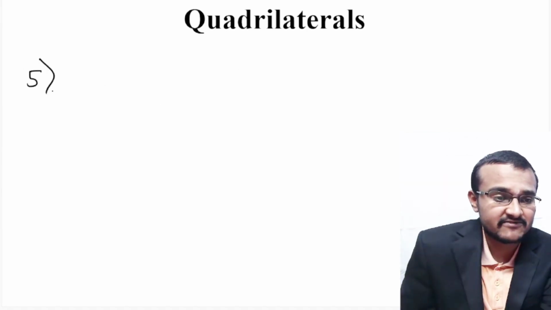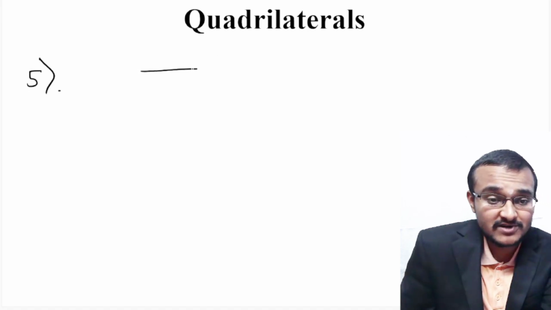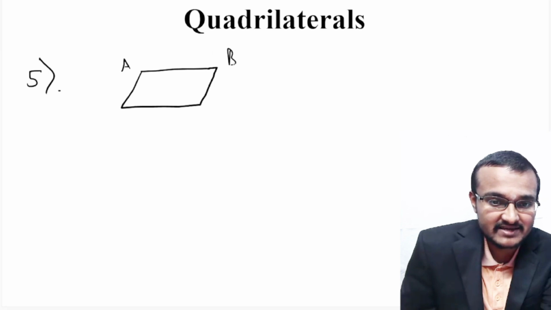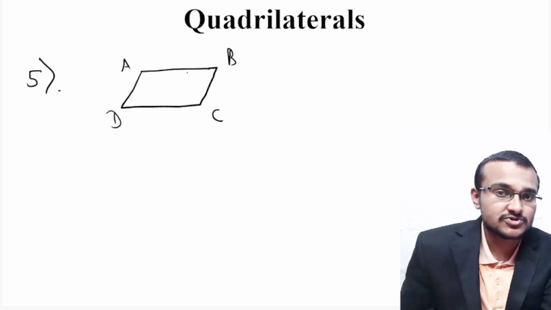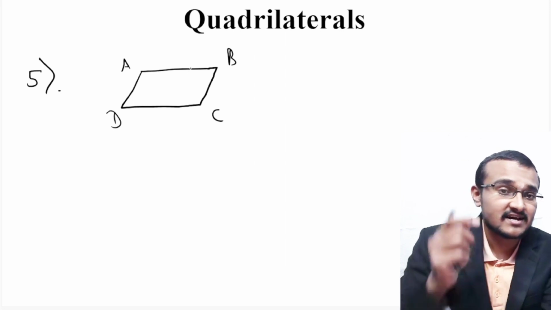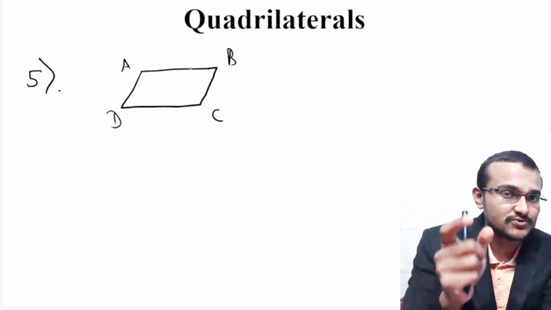Coming to the fifth question, they have given that in a parallelogram the ratio of adjacent angles is 3:2. So let's draw a parallelogram like this. Let's say this is a parallelogram ABCD. If we see the data given in this fifth question, they are saying the ratio of adjacent angles is 3:2.